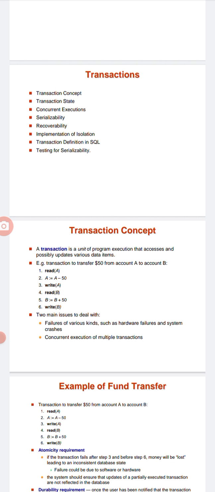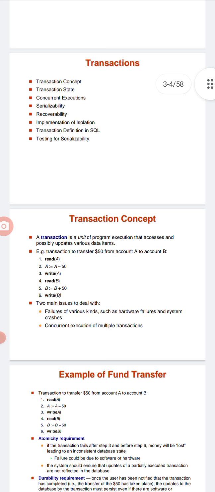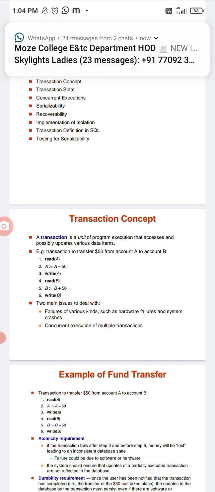Means what happens exactly? First, in a user account, we have to read the data, that is, the amount is there. In the next step we decrement the amount and update it by using the write instruction. After that we read the second user account and credit B plus 50. Plus means credit, we credit 50.